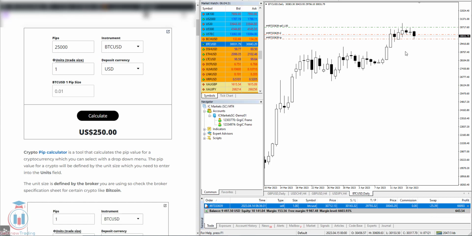This means I would be in profit with $568 right now. So the 10,000 pips I have put is from the current market price, which is currently 30,044.70.